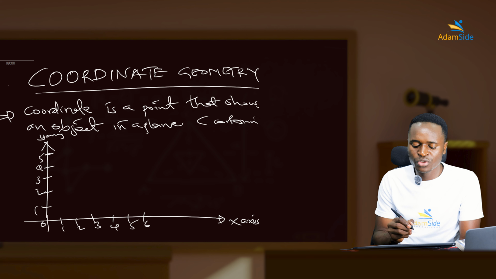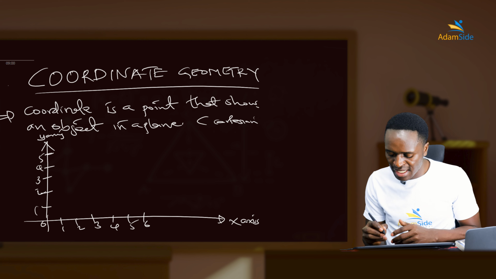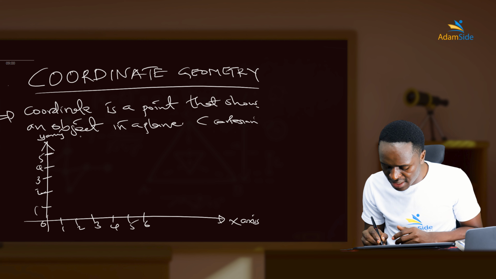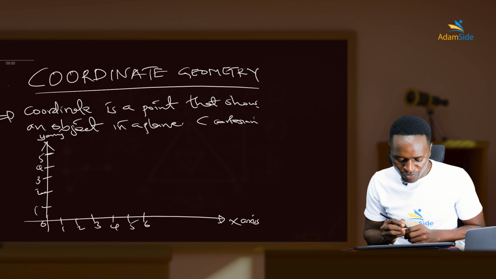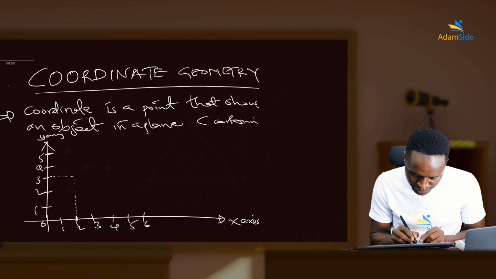For example, when you're talking about a coordinate, we say show point A, a coordinate A that is located at x is 2 and y is 3. So you come here at x, which is horizontal, at x2 and y3.